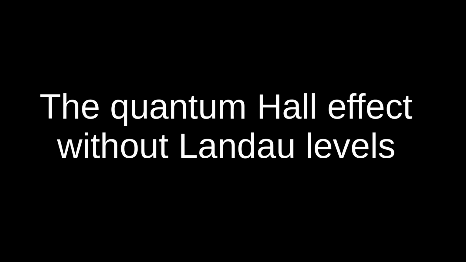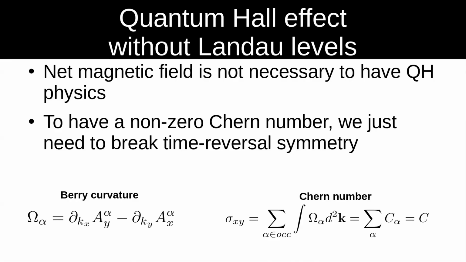Okay, and now to finish, let us take a step back and see how the quantum Hall state is related to Chern insulators, and in particular, how we can have a very nice equivalence between the quantum Hall state and Chern insulators. So the idea is that so far we focused on looking at systems that have a net magnetic field. We got a two-dimensional electron gas and we applied a magnetic field. We got Landau levels. We wrote down the many-body wave function of a Landau level, and we got even to the fractional case where we had fractional excitations.